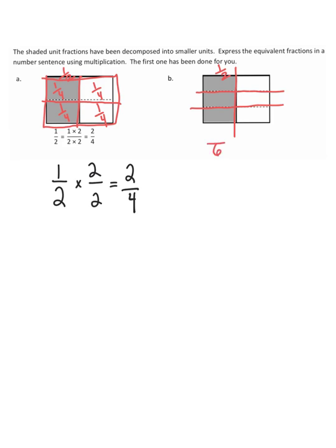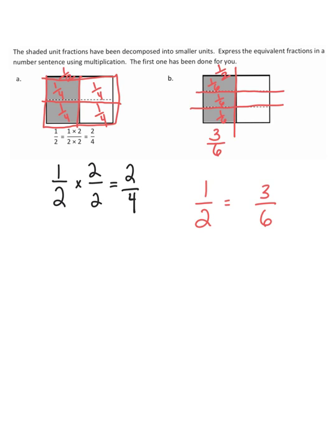And how many have we shaded? We have shaded 1, 2, 3. So it becomes 1/6, 1/6, 1/6, and 1/6 three times equals 3/6. So 1/2 is equal to 3/6.